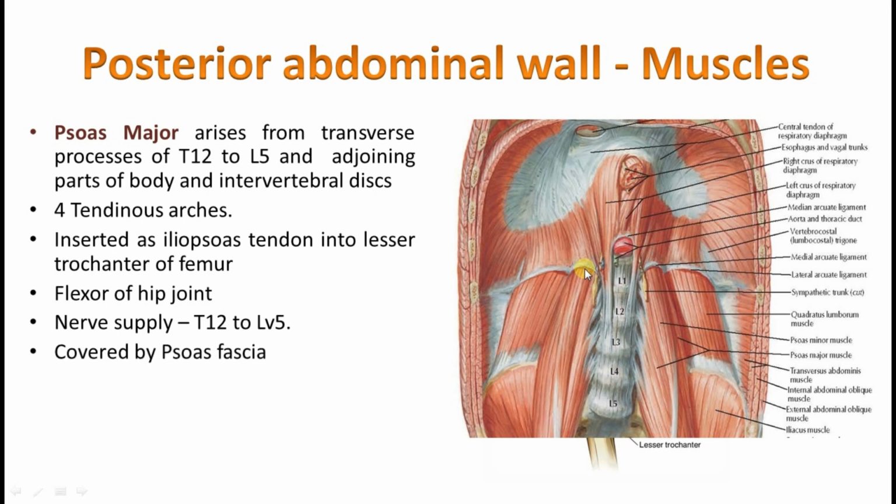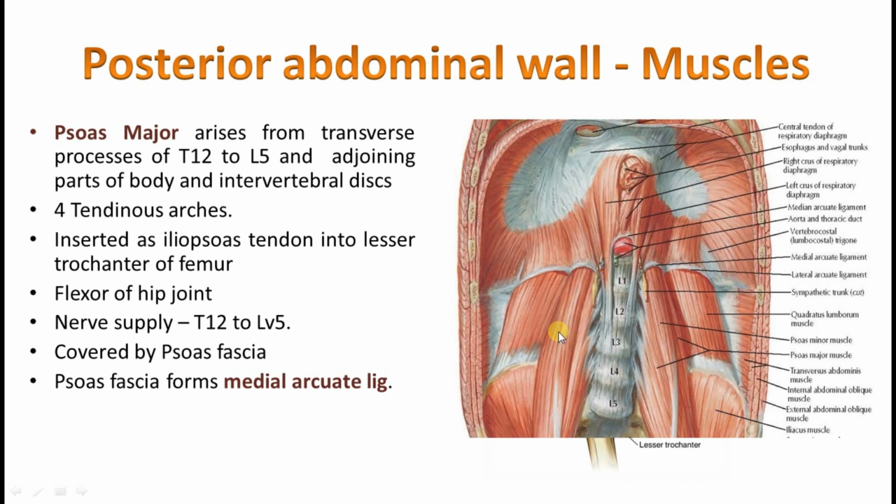Then it forms tendinous arches between the bodies of the lumbar vertebrae, and between the gaps of the tendinous arches, it transmits the lumbar vessels. The medial arcuate ligament goes from the body of L1 to the transverse process of L1.